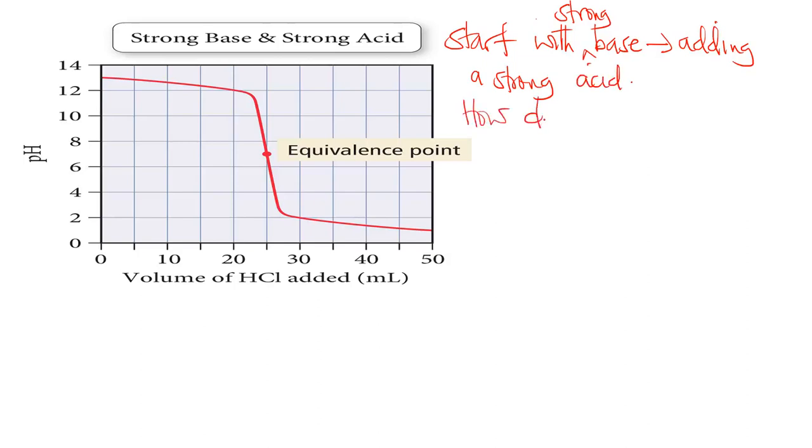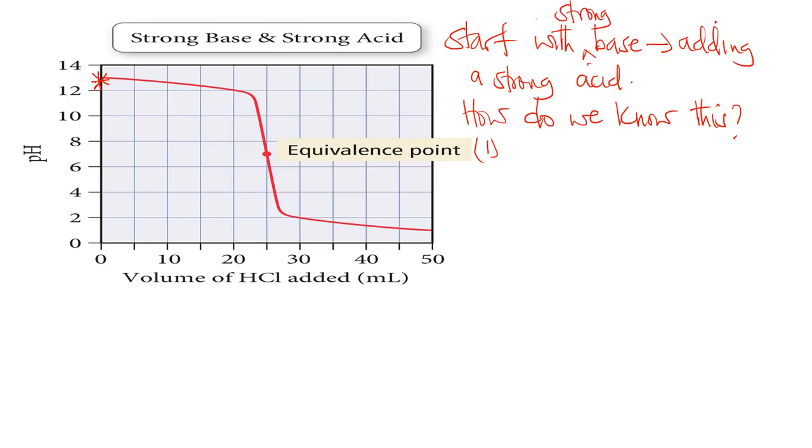So how do we know this? There are two reasons. The first reason is that if you start with a base, your curve starts at higher pH. You can see it is starting at pH 12 or 13, which means before adding the other liquid, we had a base in that solution.